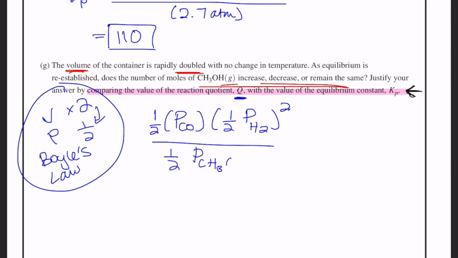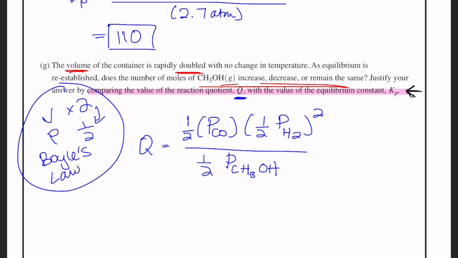Now we can pull out all these 1/2 and write our reaction quotient in terms of K to see whether the number of moles are increasing, decreasing, or remaining the same. If I simplify this out, this turns out to be 1/4.